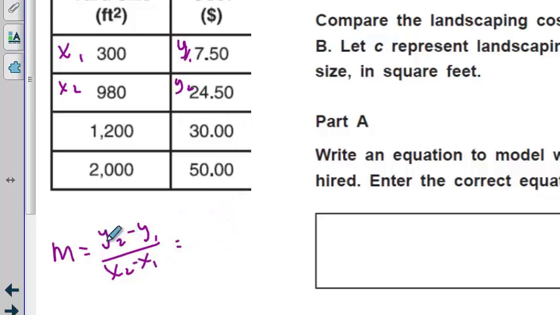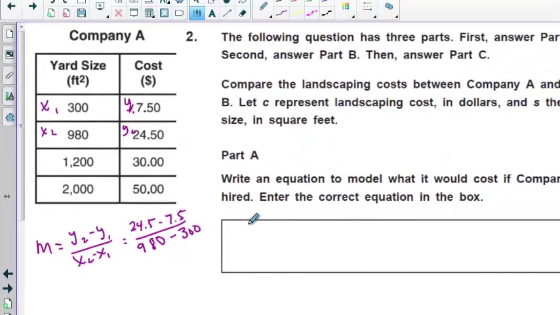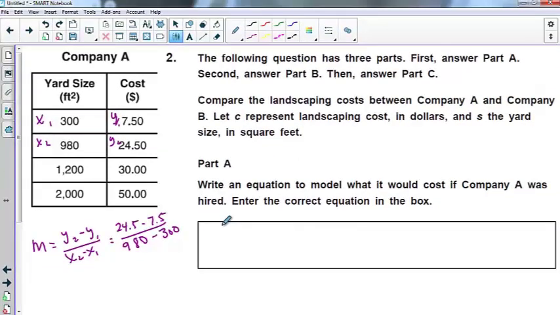So on y sub 2, what is that? $24.50 minus y sub 1 is $7.50, right? Over x sub 2, which is 980 minus 300. So what's $24.50 minus $7.50?